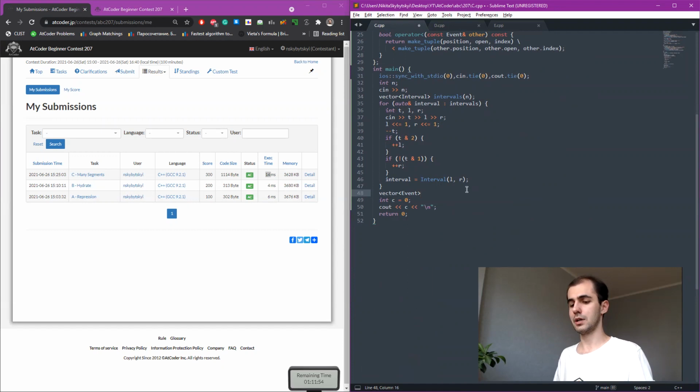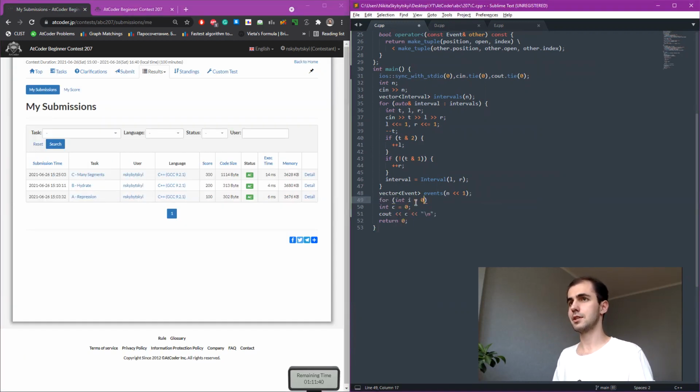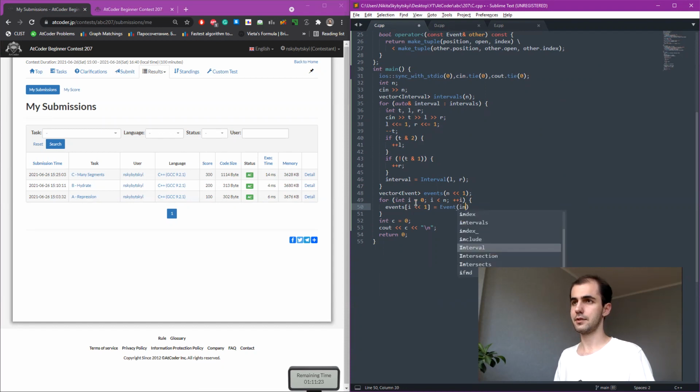Now every interval is going to be converted to two events, for the beginning of the interval and for the end of the interval. So what we're gonna do is just ask straight away for enough space, and then events at 2i gets something from intervals at i.